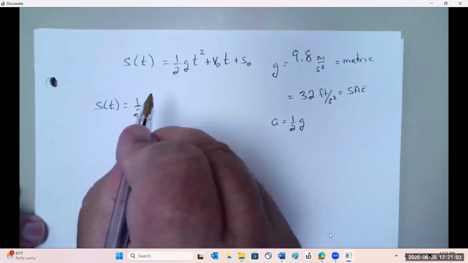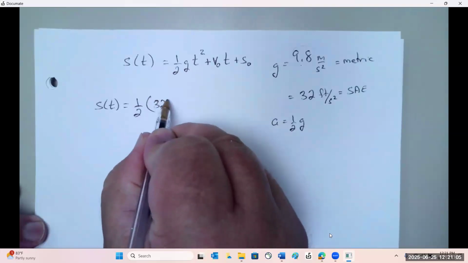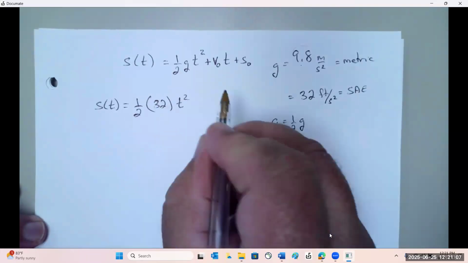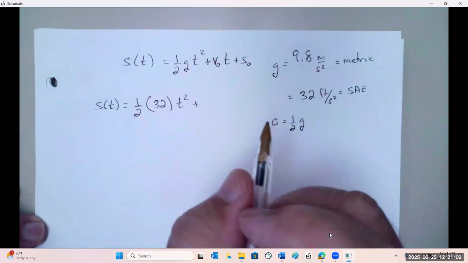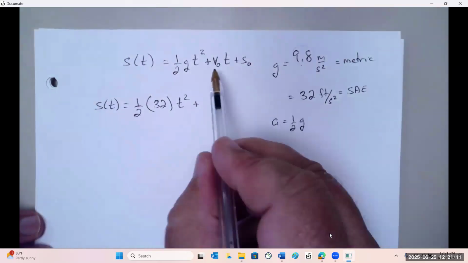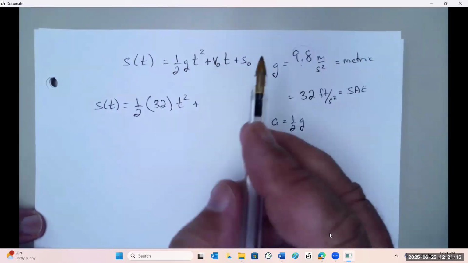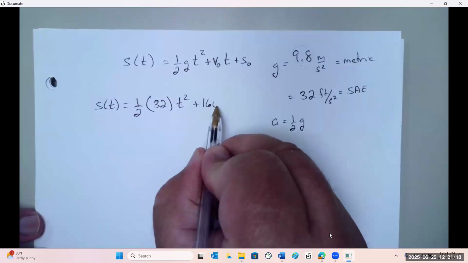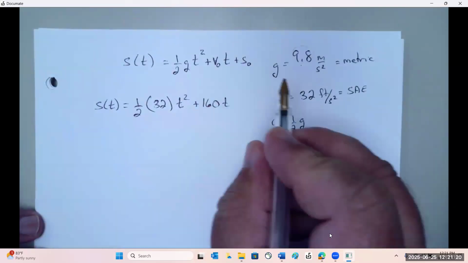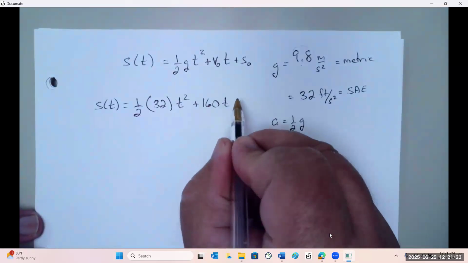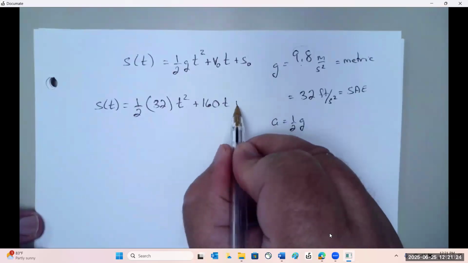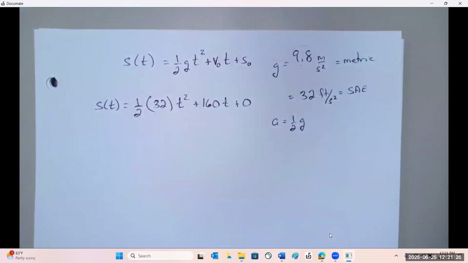Since we're doing SAE, we have 32 feet per second, t squared. The initial velocity at explosion was 160 feet per second t, and our initial height was 0. So far, so good.